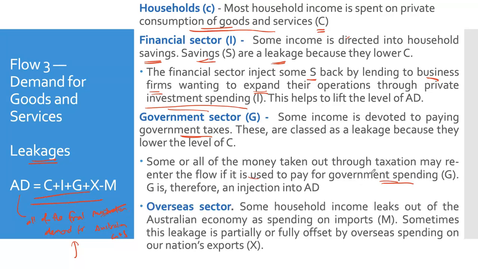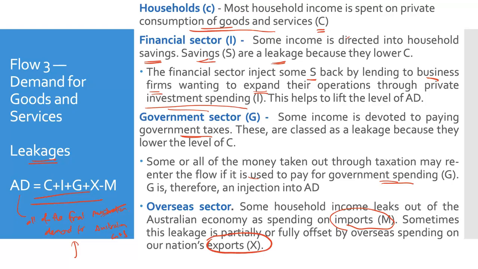And overseas, some household income leaks out of the Australian economy as we spend money on imports. We are buying overseas goods. It might be some electronics from China, for example, or clothes made in Italy or Bangladesh. And this is partially offset by us exporting some of our goods overseas.